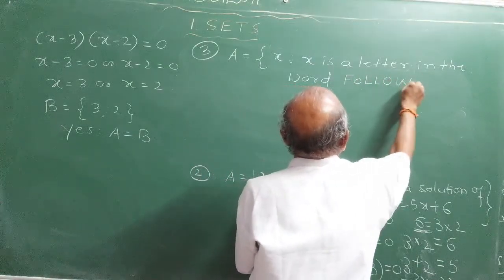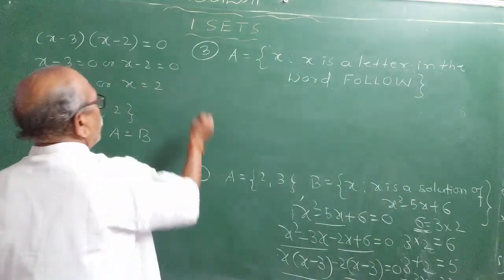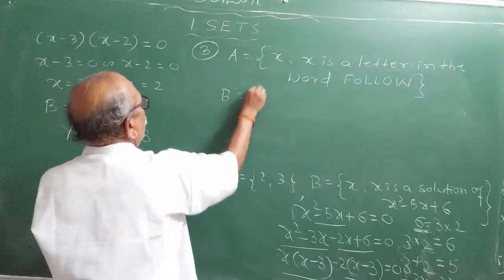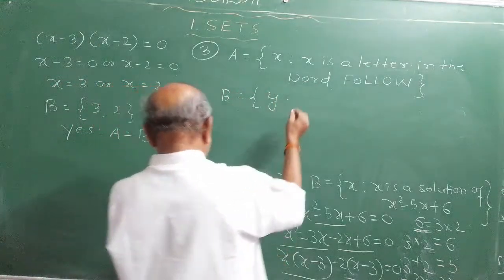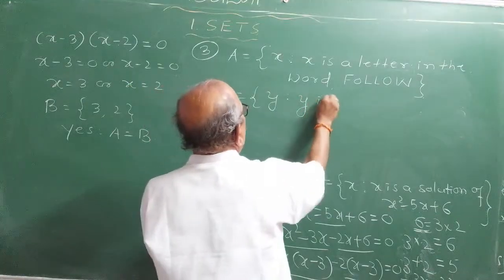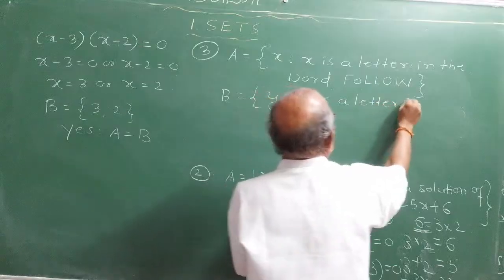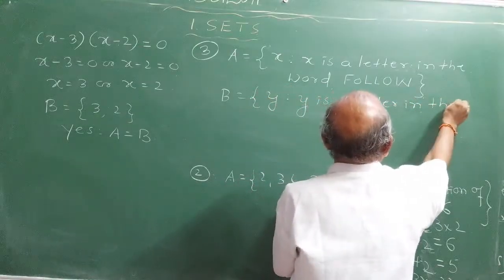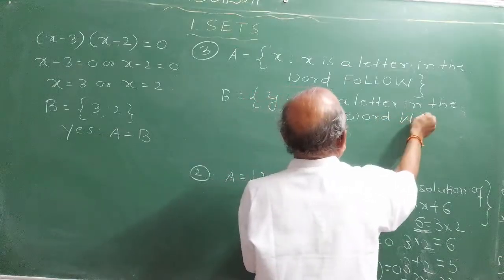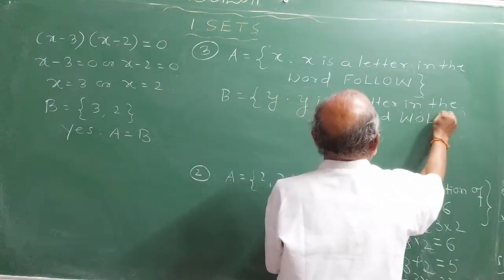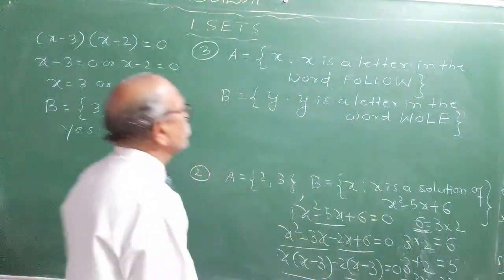And B is the set of all y such that y is a letter in the word WOLF.